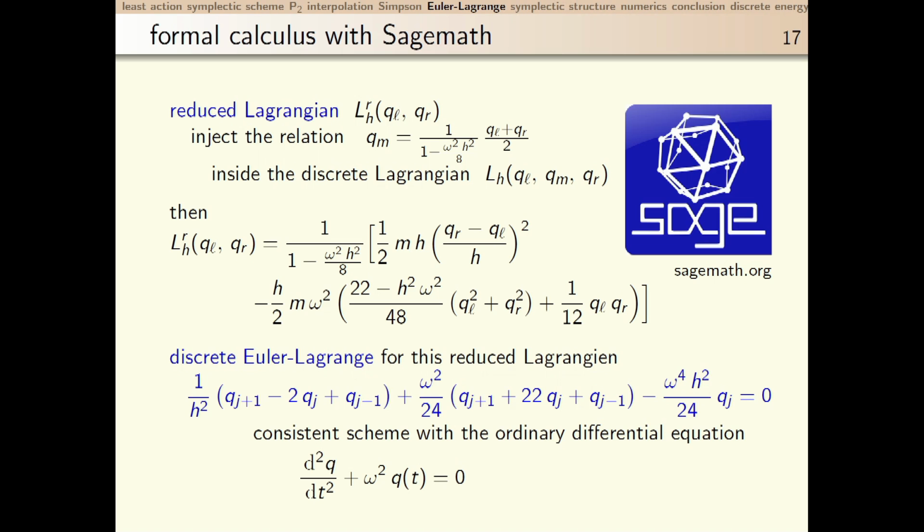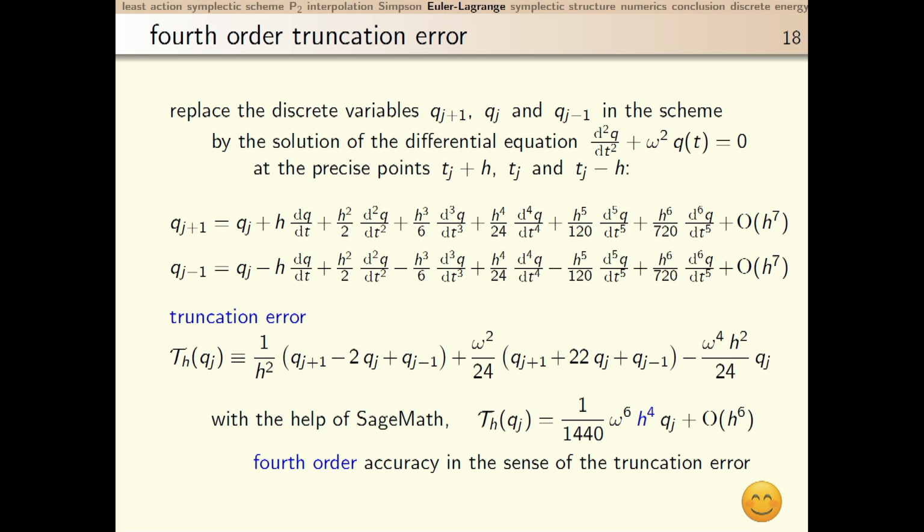After looking at the variations of this Lagrangian relative to a given point, you obtain these Euler-Lagrange equations, which are absolutely not trivial. In particular, this term, you cannot invent it without doing all this stuff. Of course, it is consistent with the previous equation.